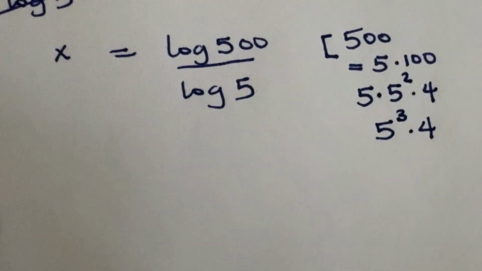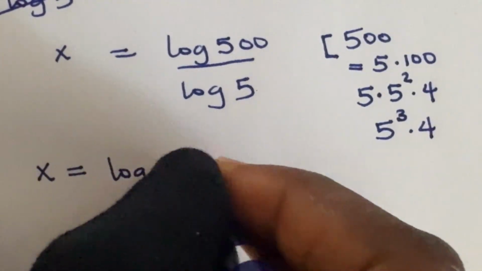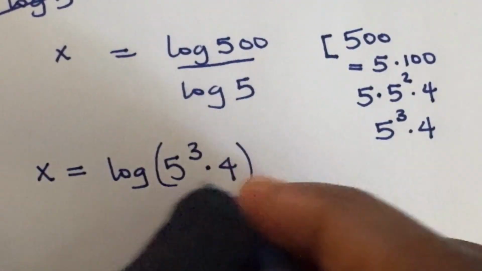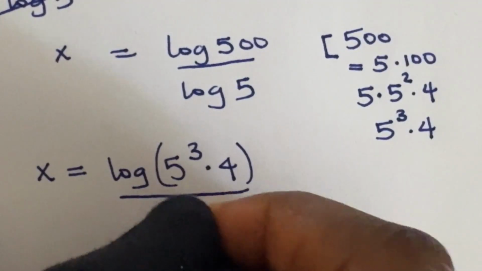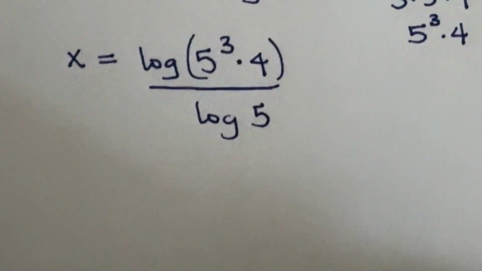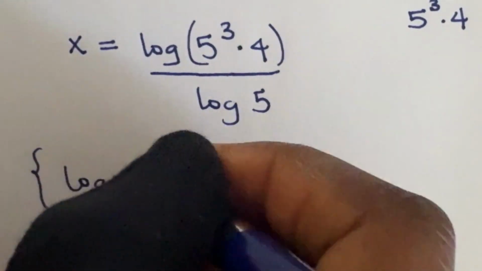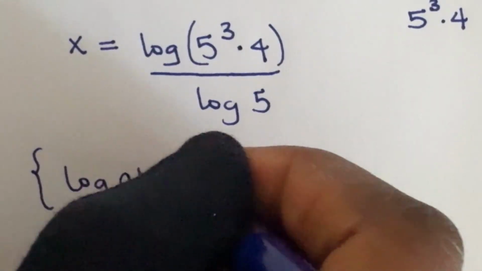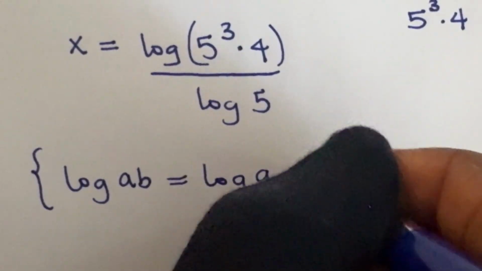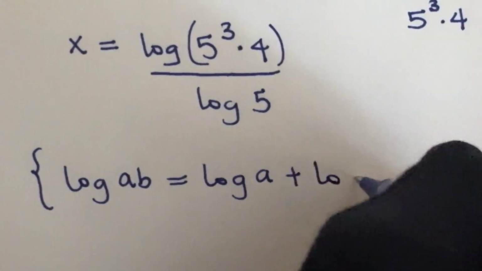So x is equal to log 5 raised to power 3 times 4 divided by log 5. And remember, the logarithm of two products, such as a times b, is expressed as the sum of their individual logarithms, so plus log b.